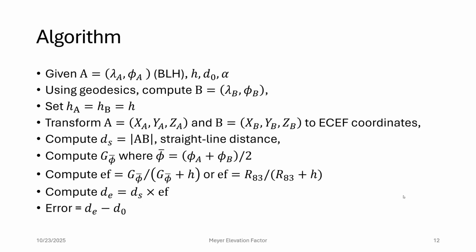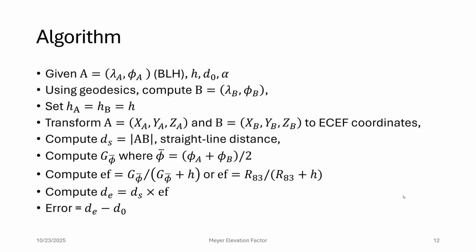Next, for State Plane 22, we will compute the Gaussian radius of curvature as shown in previous slides, and I'll do it at the mean latitude between A and B. I also tested this at the latitude of A only and the latitude of B only, and it doesn't make any difference, so doing it at the average is fine.